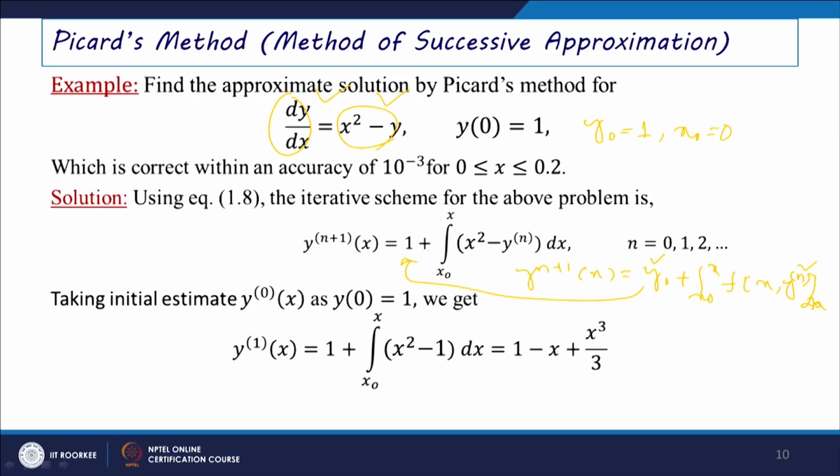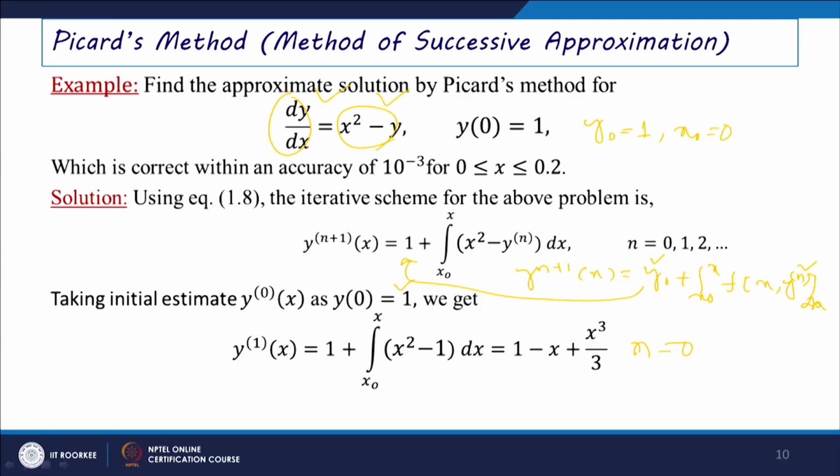And if we take this initial estimate y0 equals 1 and integrate these terms, then we can write the first iterated value, whenever n equals 0 suppose. Then we can write y1 of x equals 1 plus the integral from x0 to x of x square minus y0, where y0 is nothing but 1, into dx. If you take this integration, it can be written as x cube by 3 plus 1, minus x.